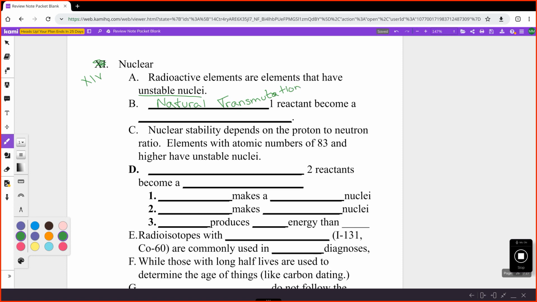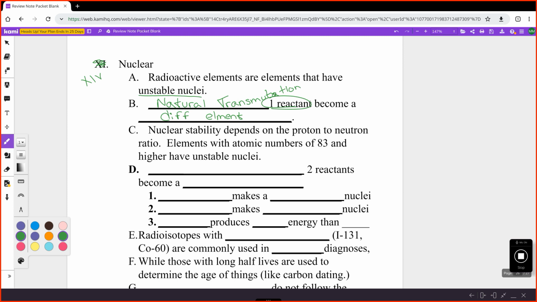One reactant is going to become a different element. The most important thing about identifying a natural transmutation is the idea that we're starting with one reactant. So carbon-14 is a natural transmutation. It will spontaneously decay on its own after a certain amount of time and become something new.